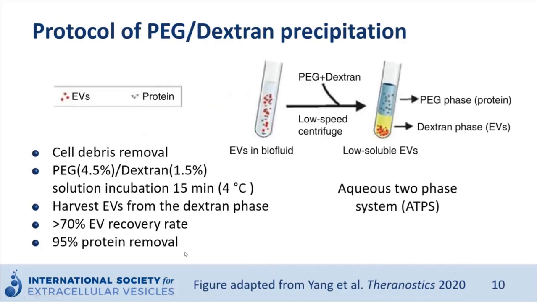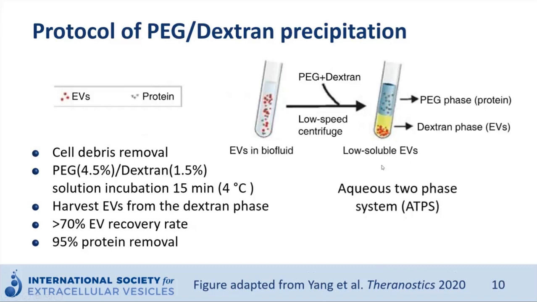Another group also suggested biphase methods that use low concentration of PEG and dextran to separate EVs from proteins. It is also called the aqueous two-phase system, ATPS. Here, diluted PEG will retain protein in the PEG phase, and dextran will keep the EVs in the dextran phase.